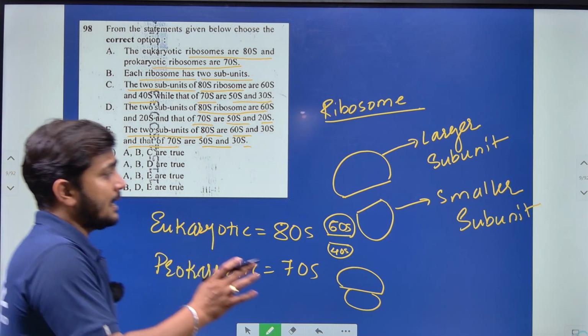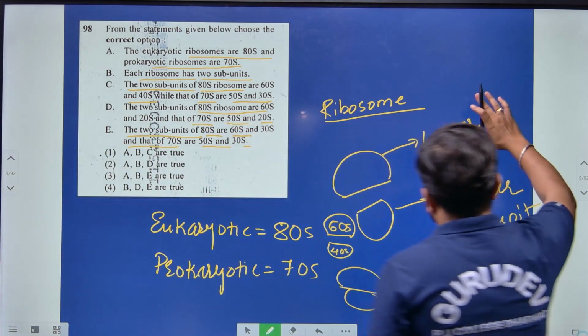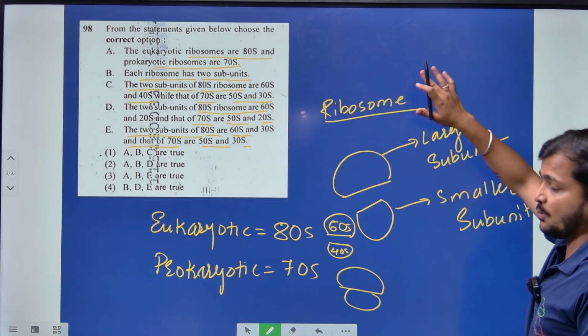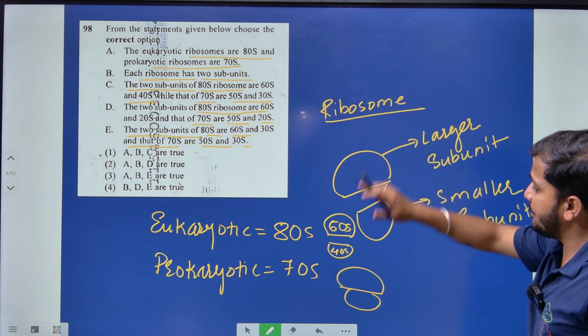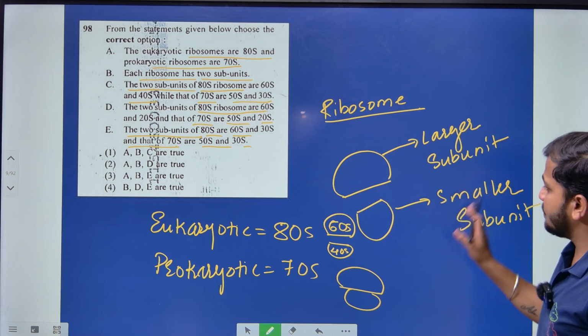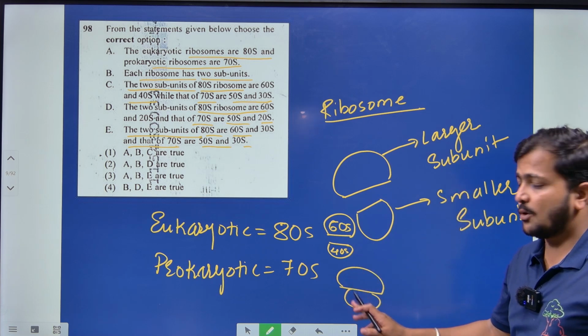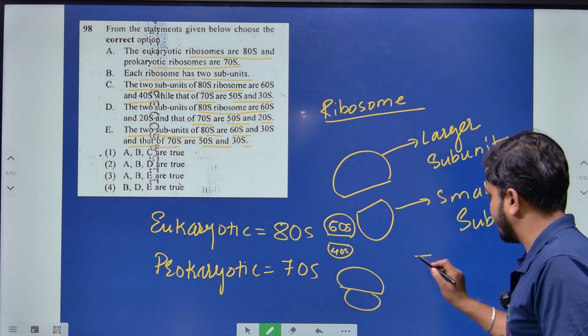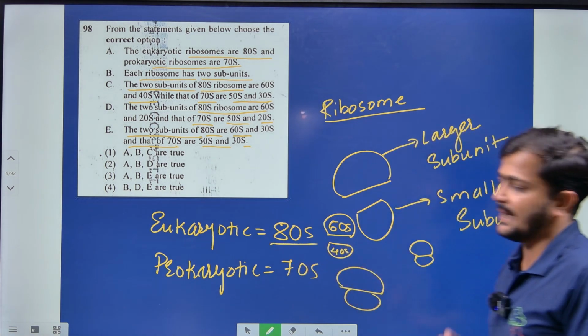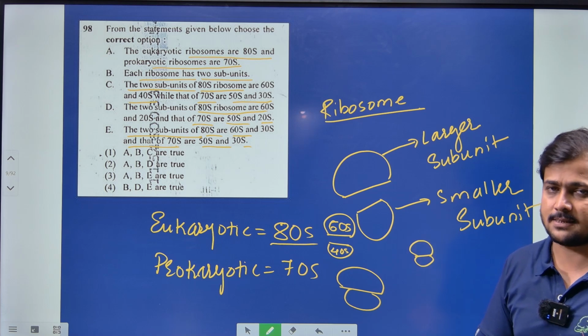When the larger and smaller subunits are separated in the cytoplasm, their density is more. But when they join together, it makes 80S, not 100S.